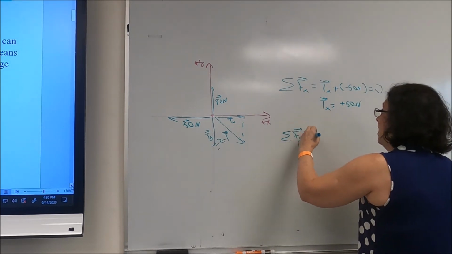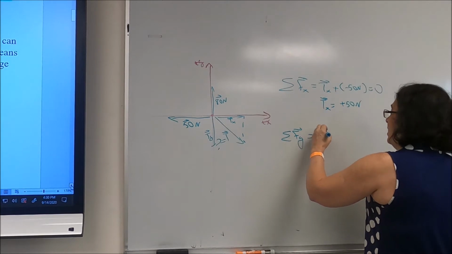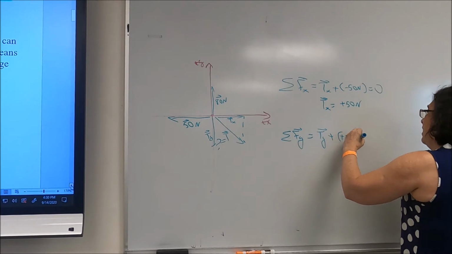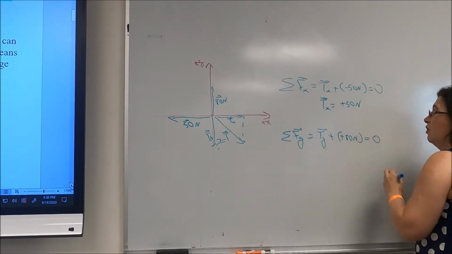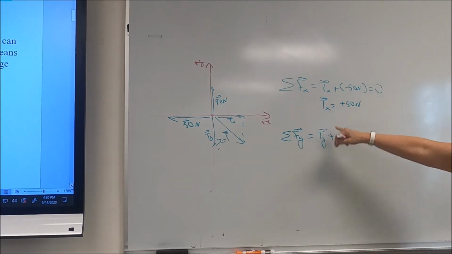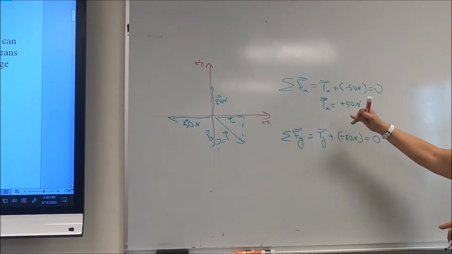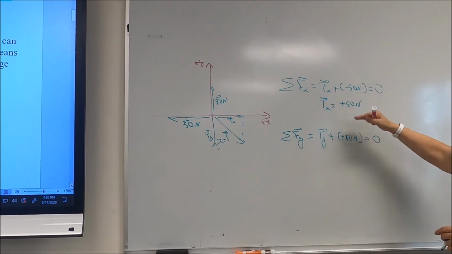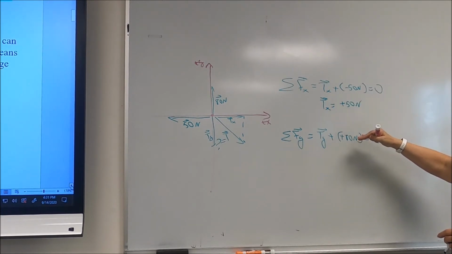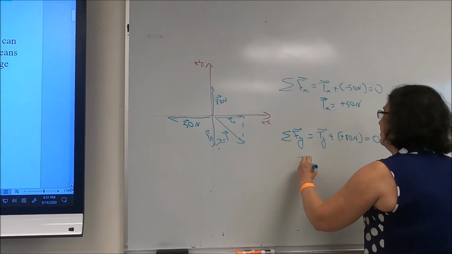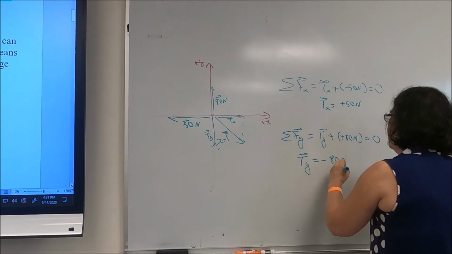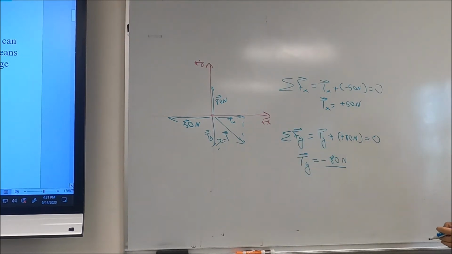The sum of forces in the y direction has to be TY plus 80 newtons, which also has to sum up to be 0. Because I'm summing x-axis and y-axis, notice I'm not using the i and j vectors. Since we have them broken up separately, most people don't use the i and the j right now. So notice TY here is a minus 80 newtons, the negative sign because TY is pointing in the negative y direction.